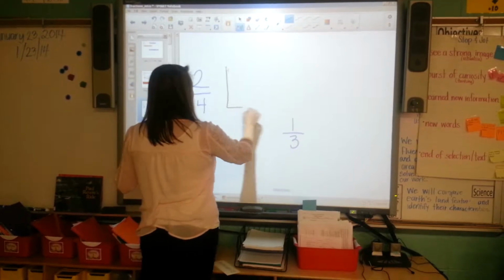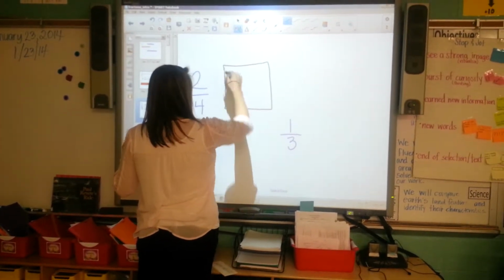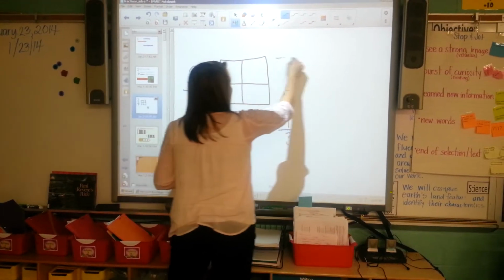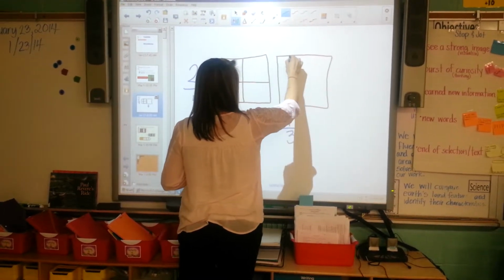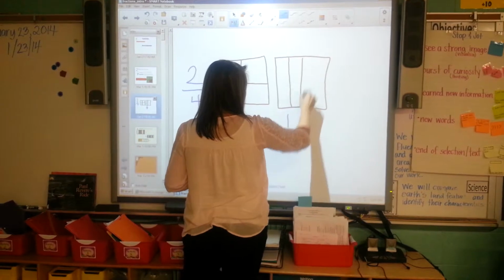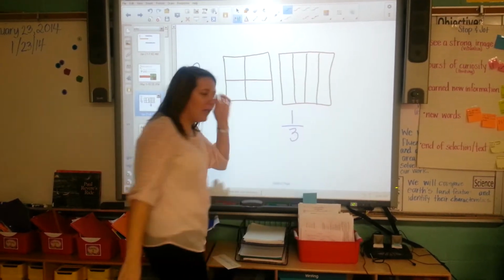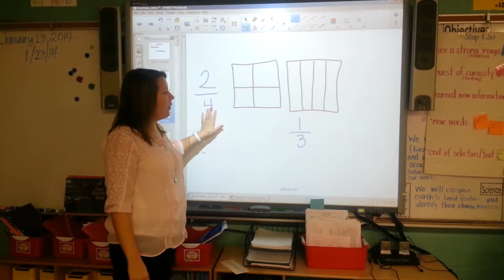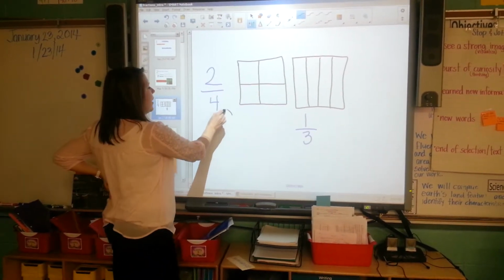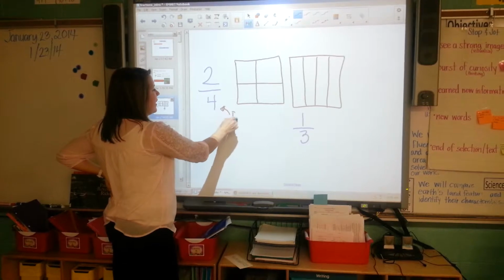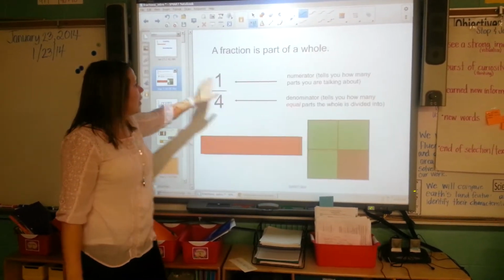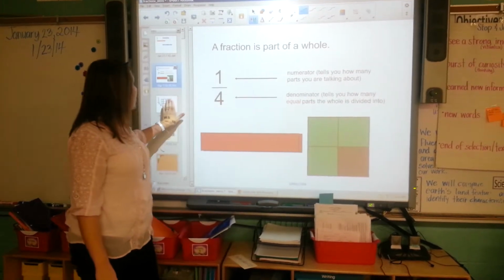I'll do it as well. Now I'm going to make 4 equal parts. I'm going to show you 2 different ways. Remember, they have to be equal. Now, if we're talking about 2/4, the denominator is how many parts. Remember, this is D for denominator. And the top is how many parts we're talking about.